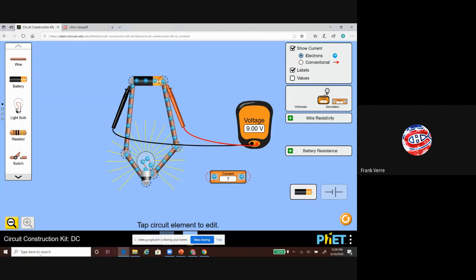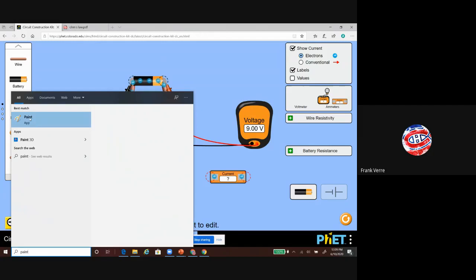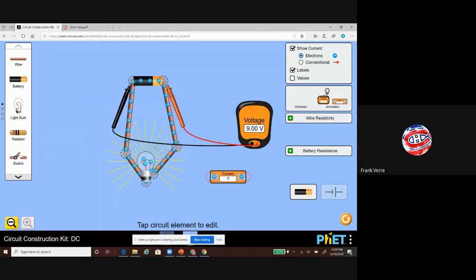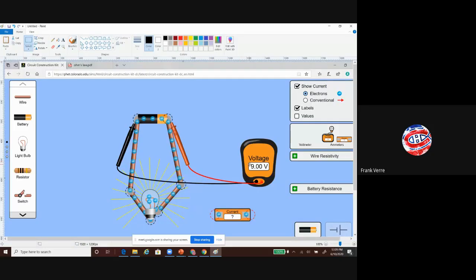Because if I take a print screen of this, and I put it in Paint, and I paste it, what you can see is the flow of electricity. So here is the negative end. We have electricity flowing from the negative end through my light bulb and back to the positive end.